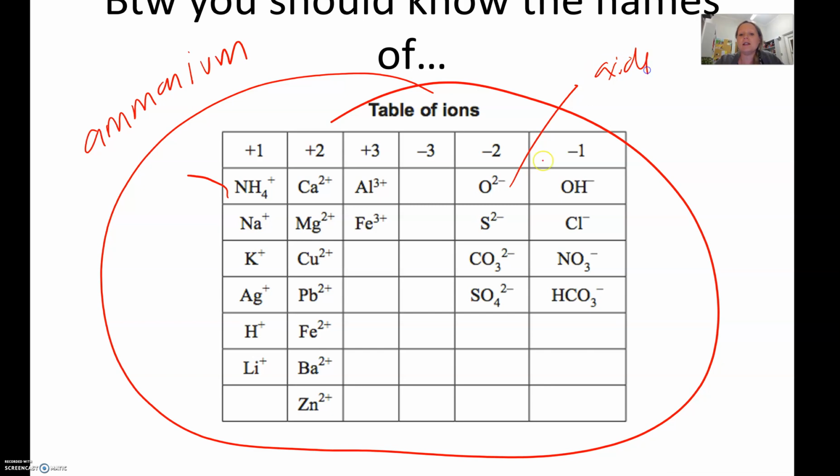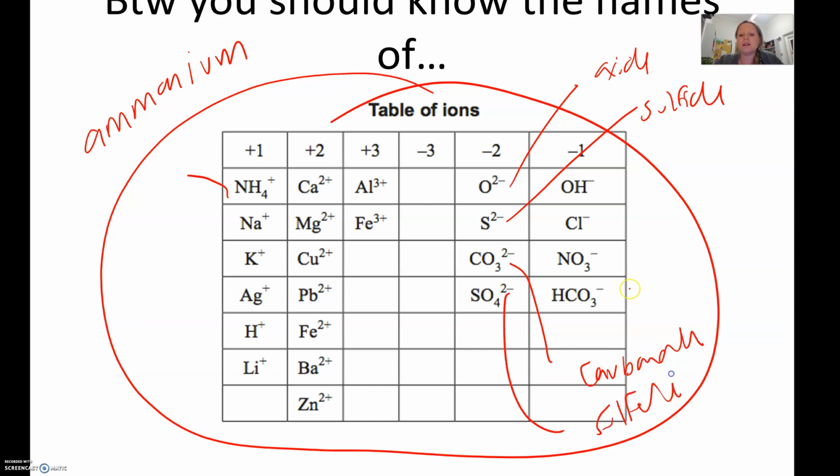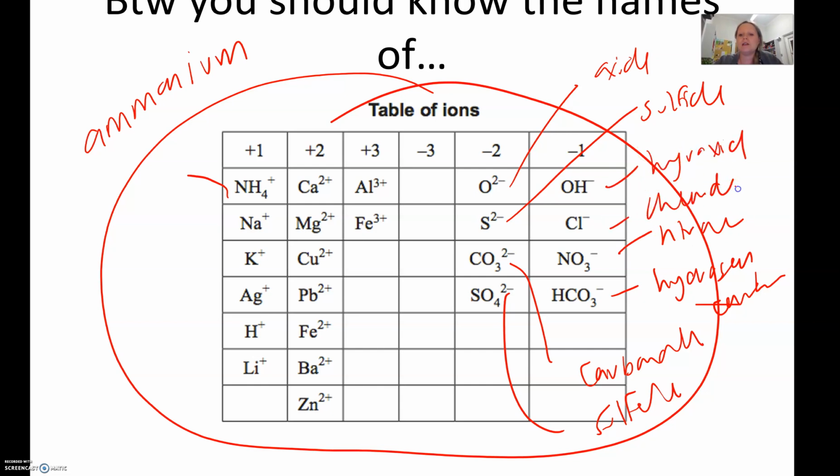So this is oxide, sulfide. This one's carbonate, sulfate. Now you should know this, it isn't a biggie: this is hydrogen carbonate. And nitrate, hydroxide, and chloride. You should know that, but I just thought I'd say them to you just in case.